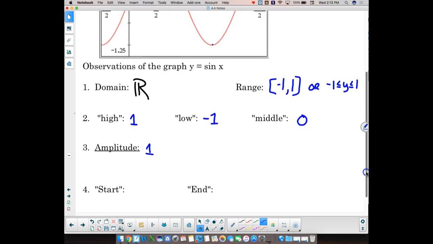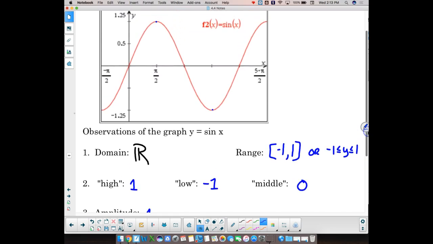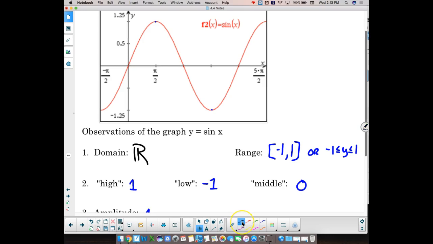Where does this curve start? Sine curves start where? Start in the middle, right? Okay, so the sine curve starts in the middle. So this would be the start. So it would start at x equals 0, right? Okay. And then sine curves go up, come back down, and then end in the middle.